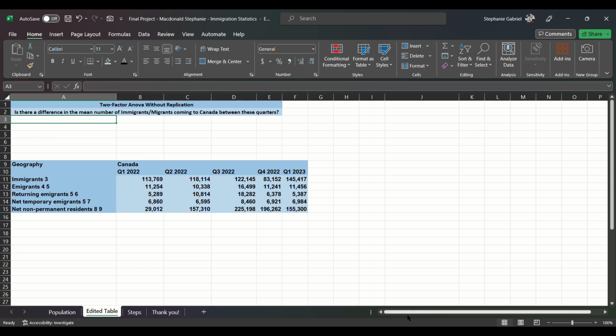So I picked up my data set from Stats Canada, and it is in regards to the estimates of the international migration by quarter. I downloaded it and saved it as an Excel file.